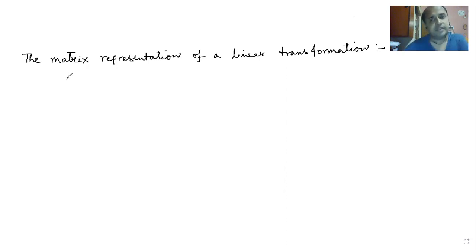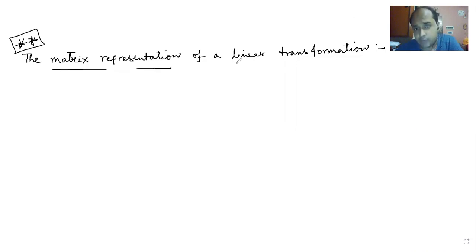Okay, matrix representation of a linear transformation is a very important topic, and the understanding of that is very, very important. Okay, how to connect matrix with linear transformation.